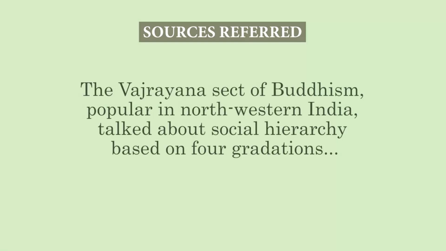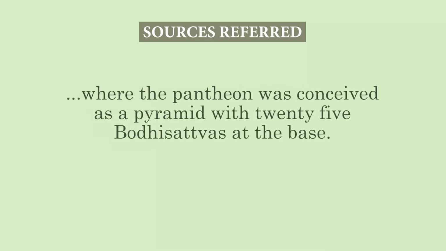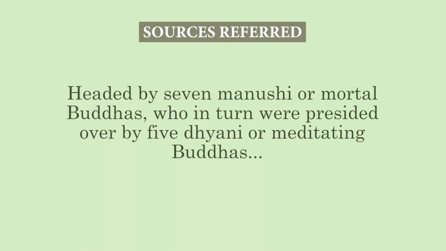The Vajrayana sect of Buddhism, which was popular in northwestern India, talked about social hierarchy based on 4 gradations, where the pantheon was constructed as a pyramid with 25 bodhisattvas at the base, headed by 7 Manushi or mortal Buddhas, who in turn were presided over by 5 Dhyani or meditating Buddhas.